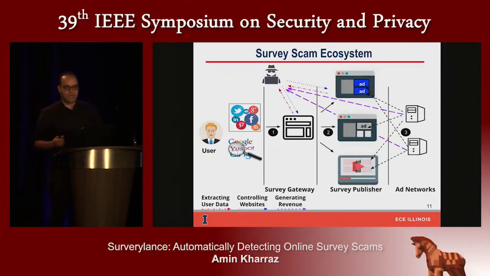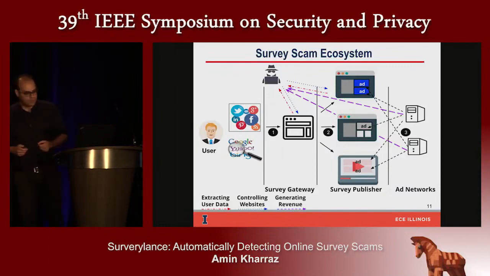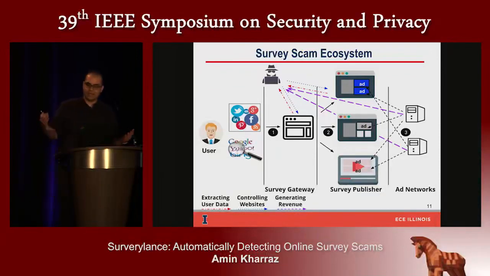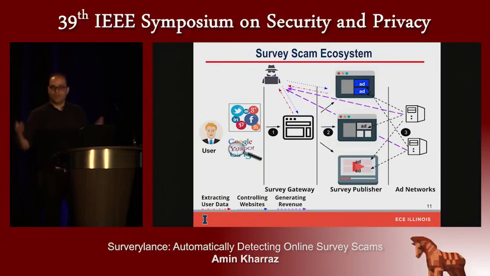After answering a set of questions, they are redirected to survey publishers that publish those surveys and are often monetized by inserting advertisement. They're asked to do the surveys before they are redirected to the content that they were initially looking for. So at the end of the day, they do not get that content, but they reveal information about themselves, their companies, or download unwanted programs.